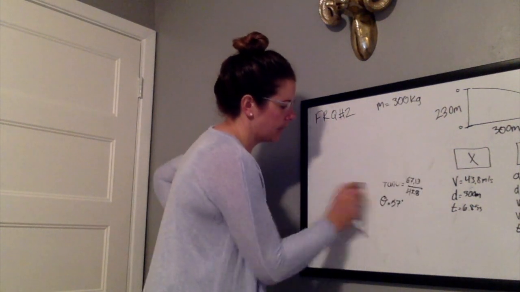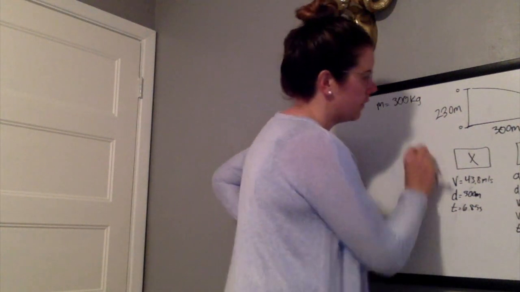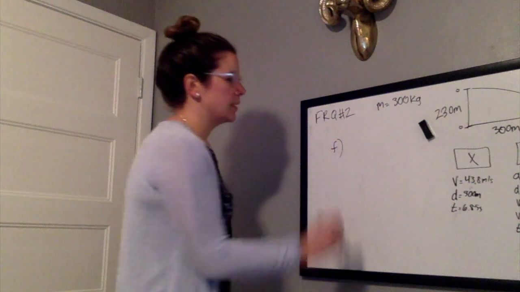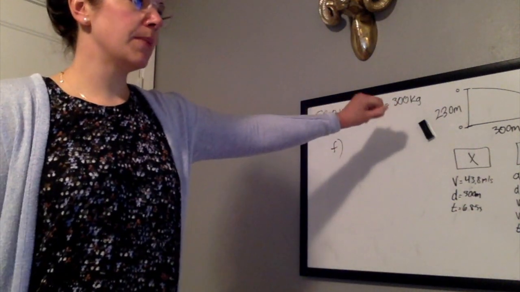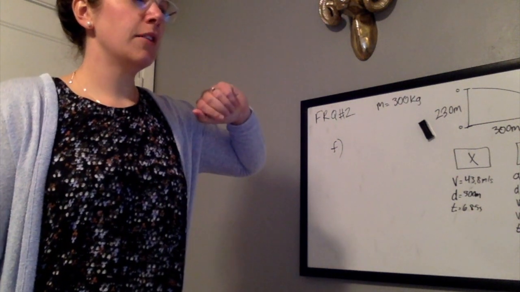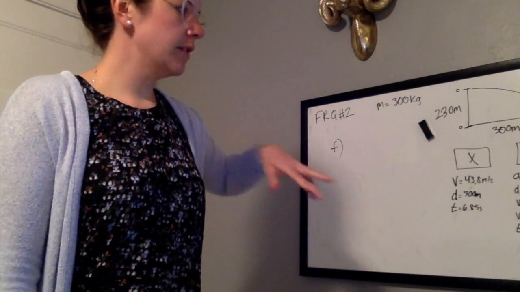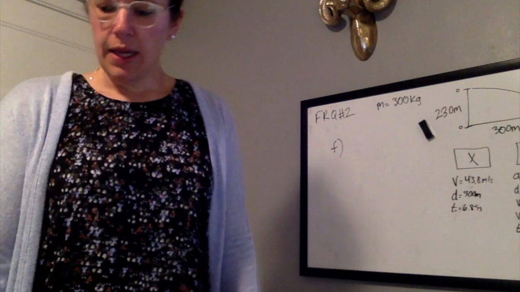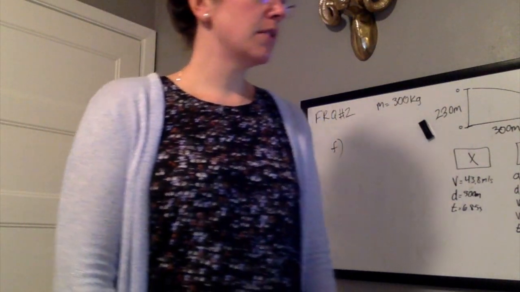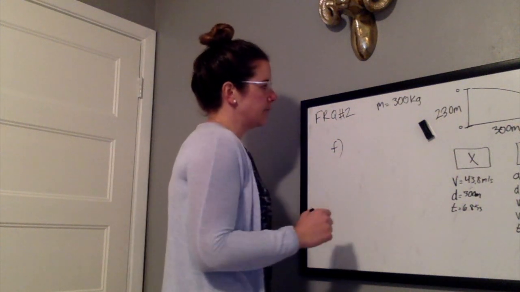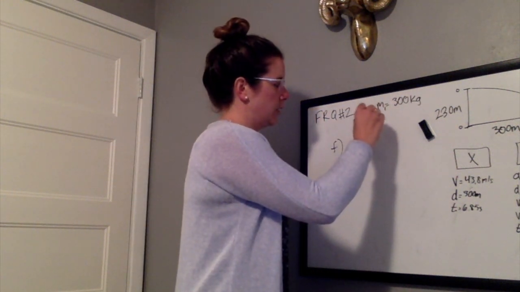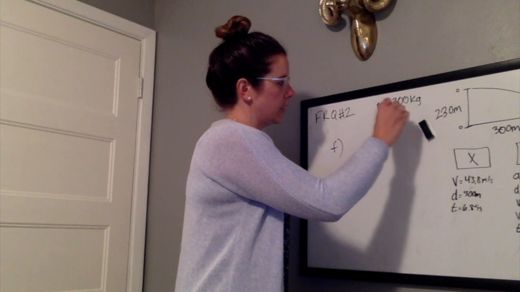Now let's talk about this mass here. Part G states, a new projectile, though this original one, remember, is 300 kilograms, is now only a mass of 100 kilograms. How does the final velocity, so what we just found, the 80 meters per second, how does that compare to the original projectile? Briefly explain your answer. I would say mass 2 is now 100.